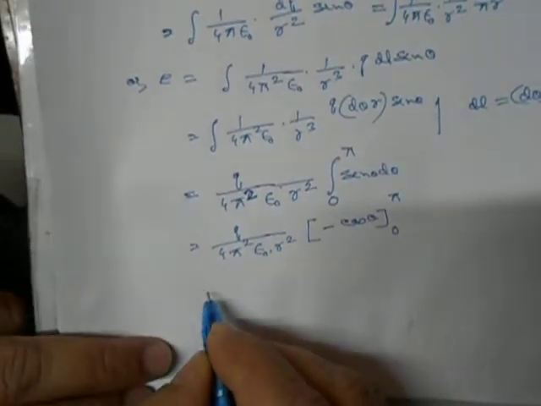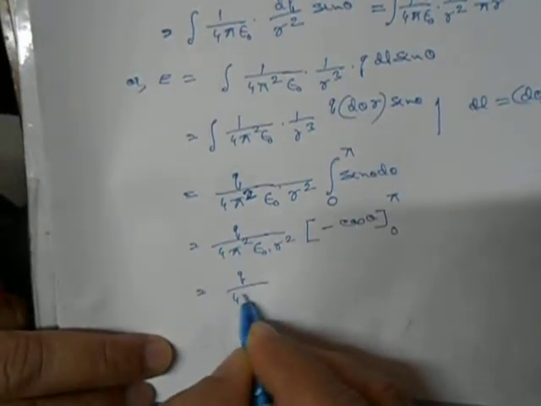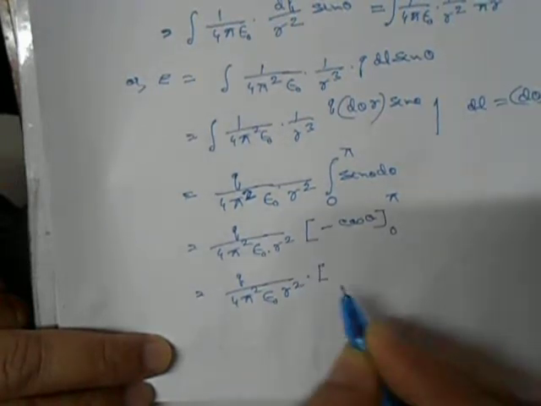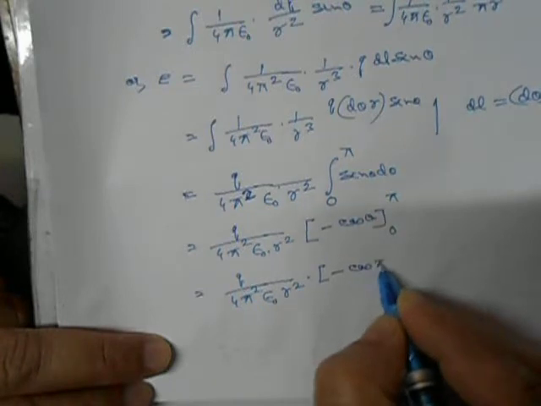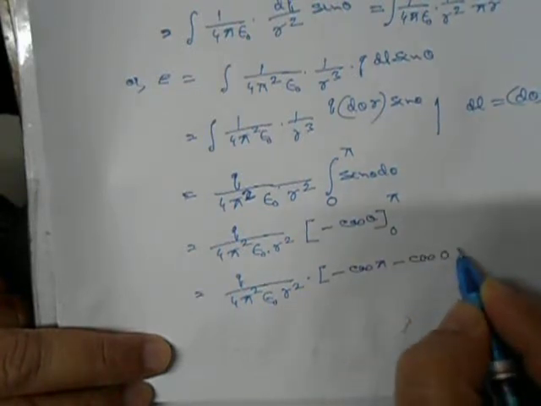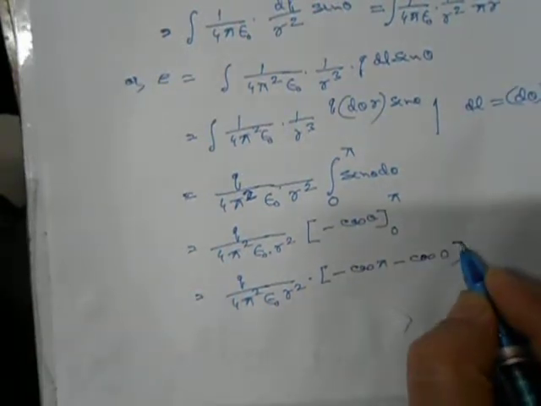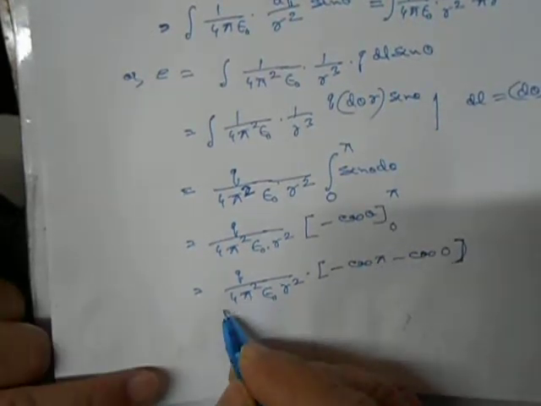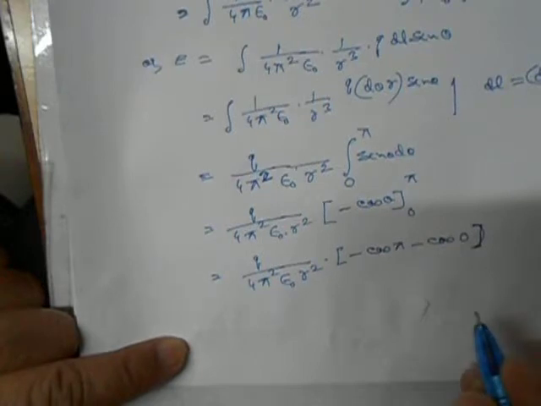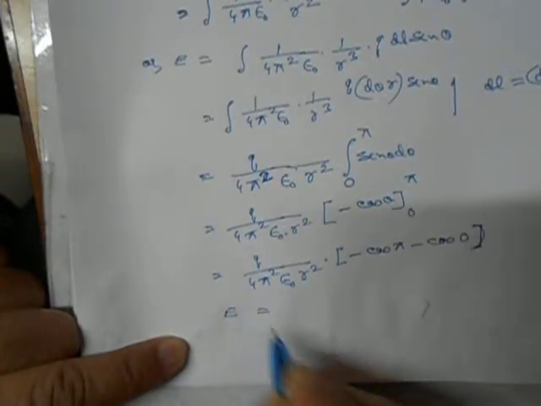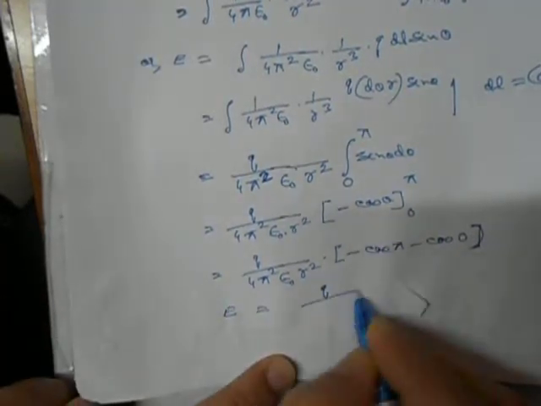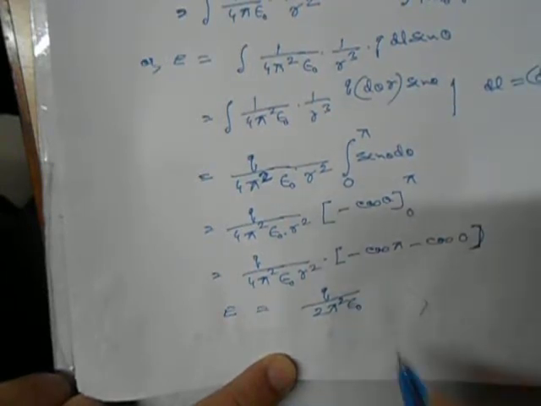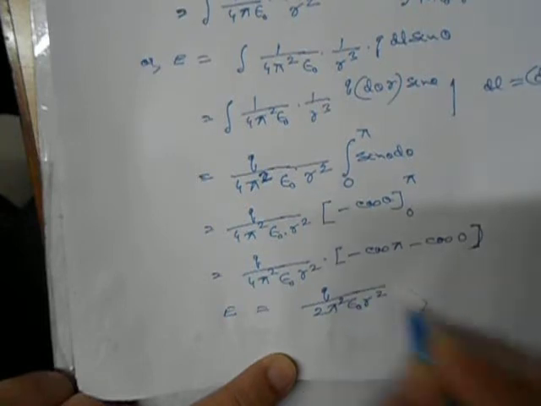So what we get is q by 4 pi epsilon naught r square, times minus cos pi minus minus cos 0. This becomes 2, and that 2 and this 4 get cancelled, so our electric field E will be equal to q by 2 pi epsilon naught r square.